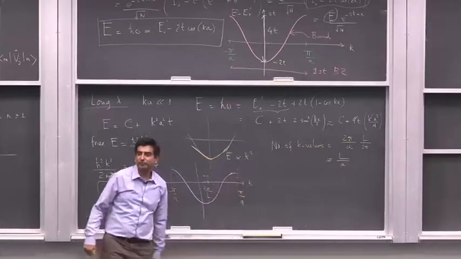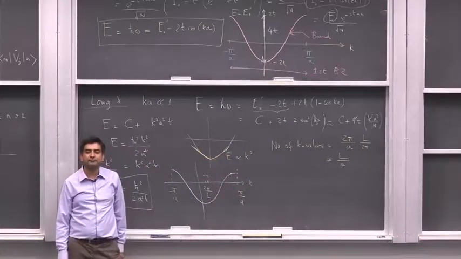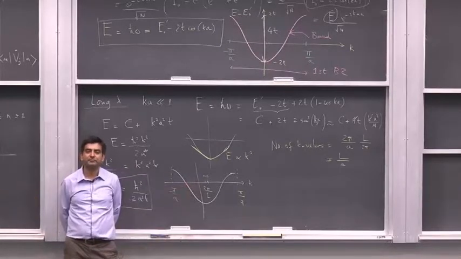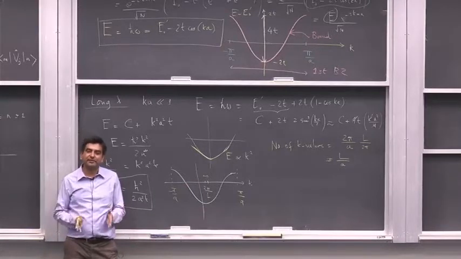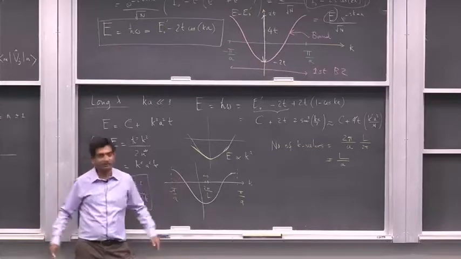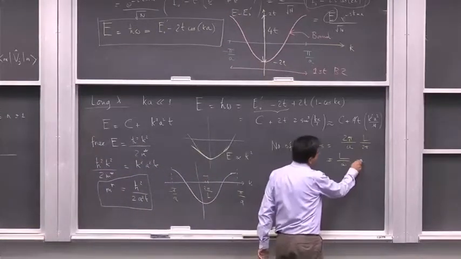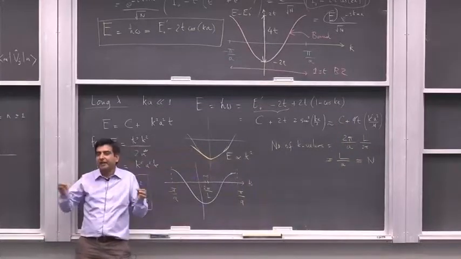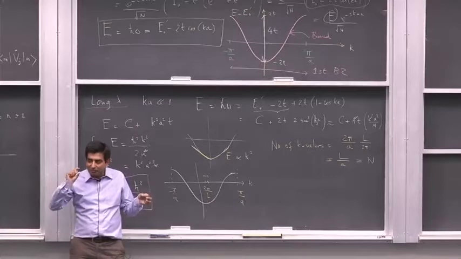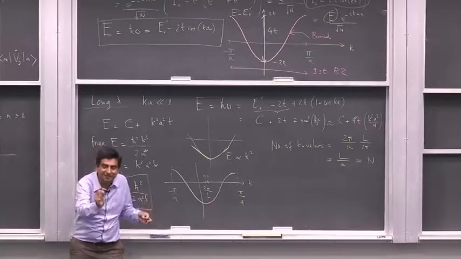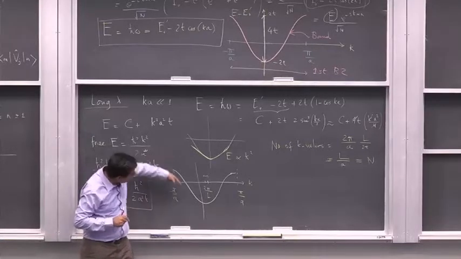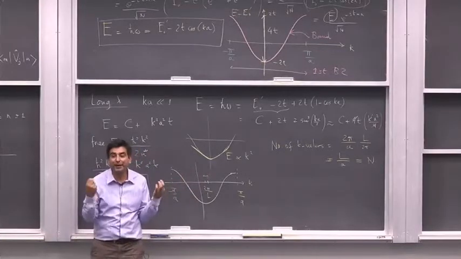So what is L over a equal to? L is the length of the chain, a is the size of the unit cell. This is the number of unit cells, the number of atoms inside this chain, N. Now if you have a monovalent atom in which one atom donates one electron, how many electrons can the complete band fill? 2N.